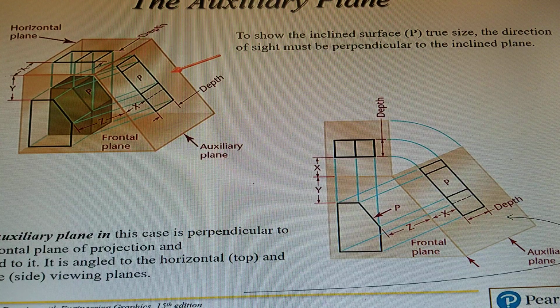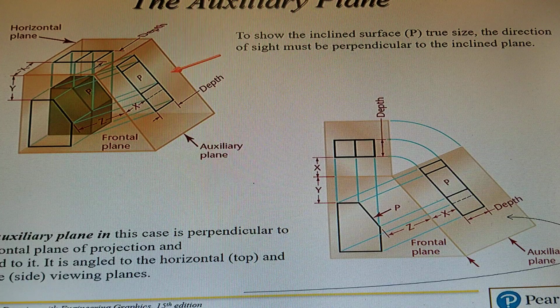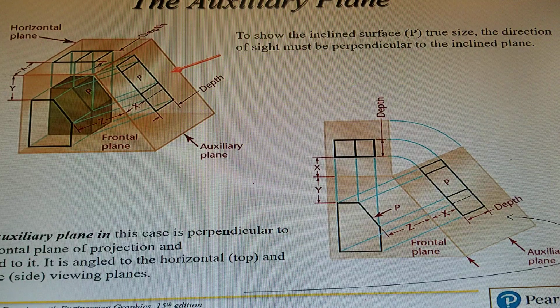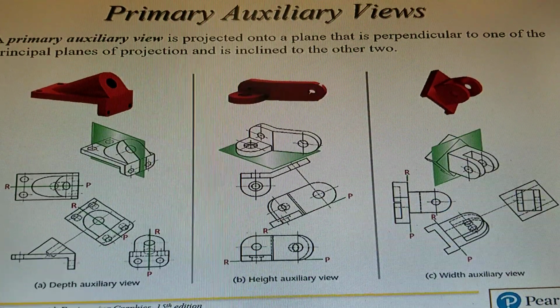So when we unfold it over in the right view, we can see we have a front view and a top view. And then when we unfold the auxiliary plane, we'll get the true size and shape of P, of that surface P only. The rest of it is not true size and shape. It's just the surface in that rectangle P that is true size.